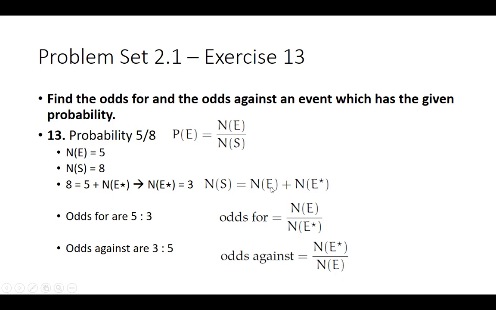Now, using our NS equals NE plus NE star formula, we would have 8 equals 5 plus NE star, which implies that NE star is 3. So now we have NE and NE star. We can find the odds for, which would be NE over NE star, 5/3, so 5-3. And the odds against are the flip of that, 3-5.